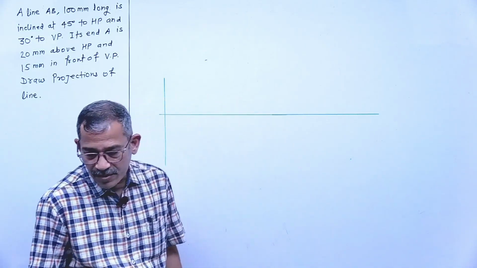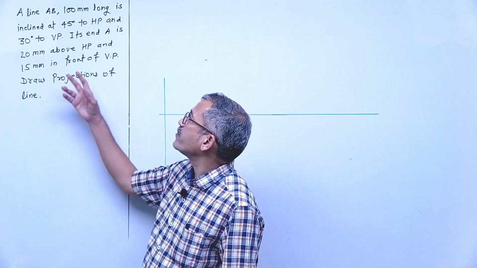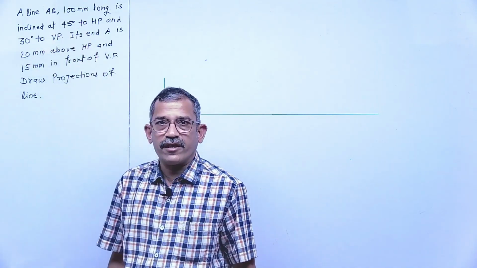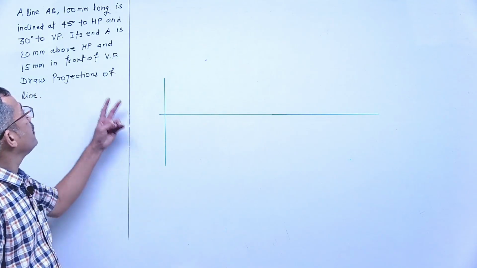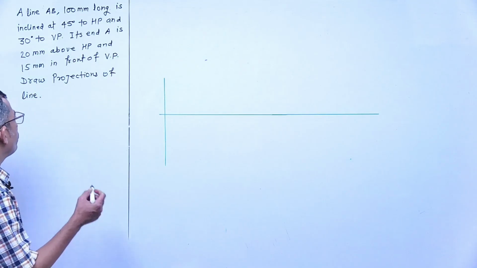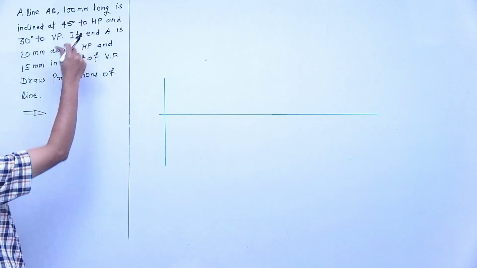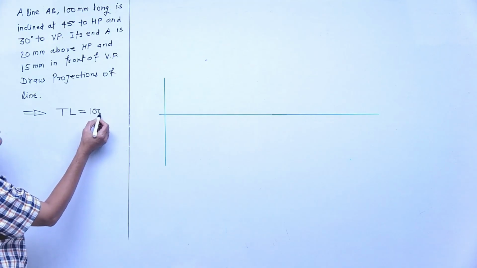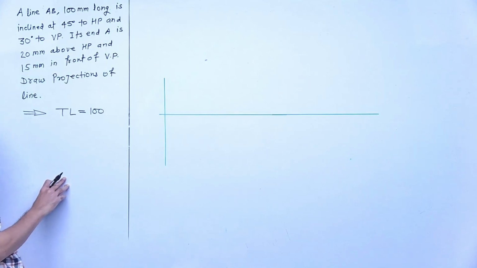What is given in this problem? A line AB, 100 mm long, is inclined at an angle of 45 degrees to the HP and 30 degrees to the VP. What data is given? 100 mm long means this is the true length of the line. The line is inclined at 45 degrees to the HP.